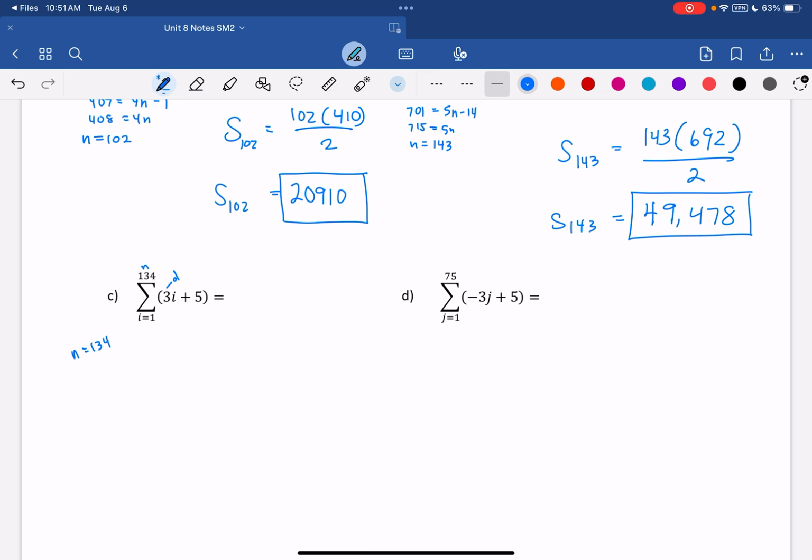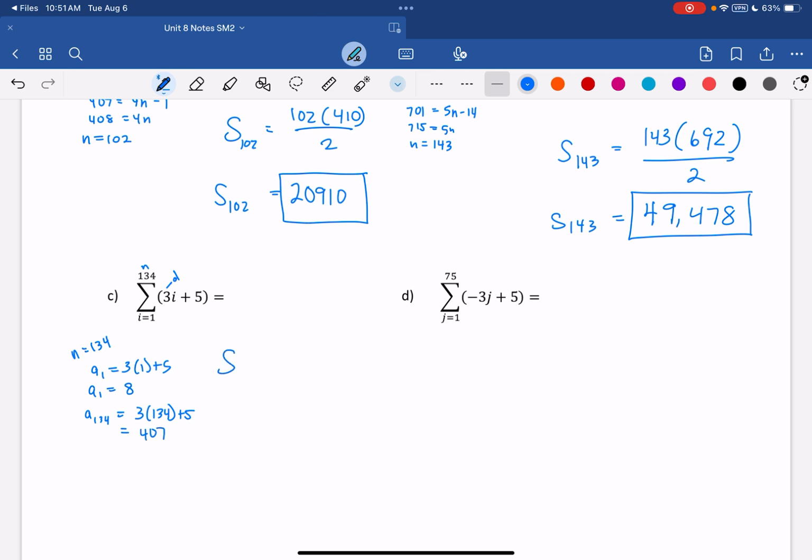Okay, so we need to figure out A1. It's going to be 3 times 1 plus 5. So A1 is equal to 8. And then our last term, the 134th, is equal to 3 times 134 plus 5. So that's 407. So now we have the numbers we need.